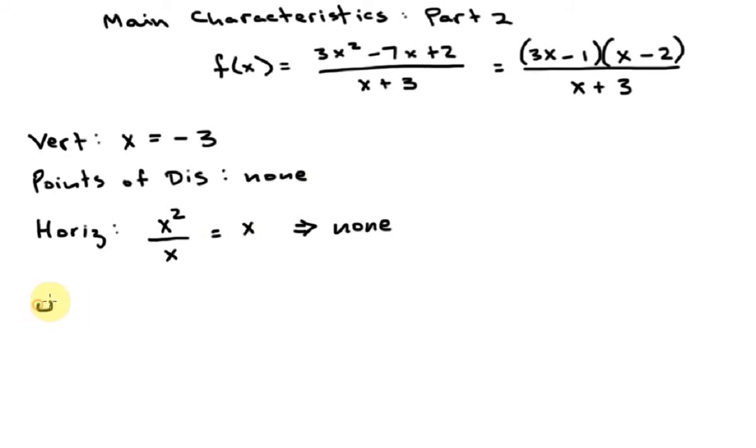What about the oblique asymptotes? Well, I'd say by looking at it, this is a second degree on the top and a first degree on the bottom, so the answer is yes, there is one. We're going to figure out what it is, so we're going to use synthetic division.